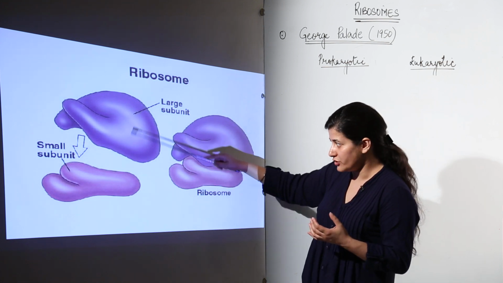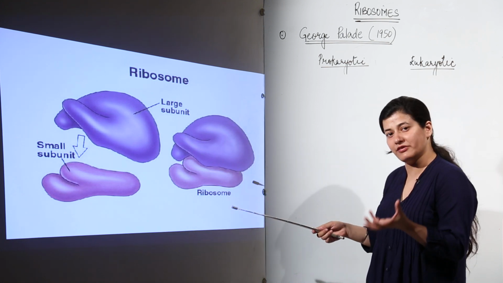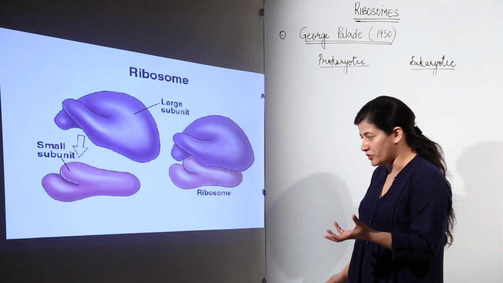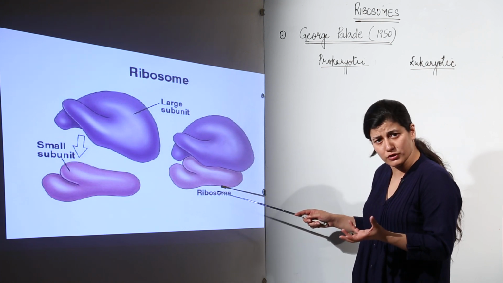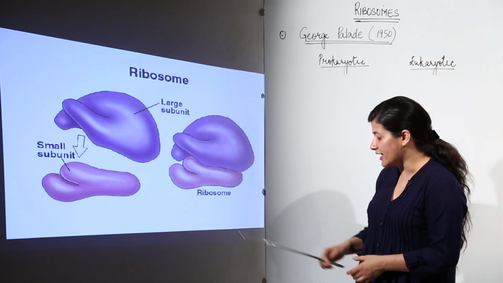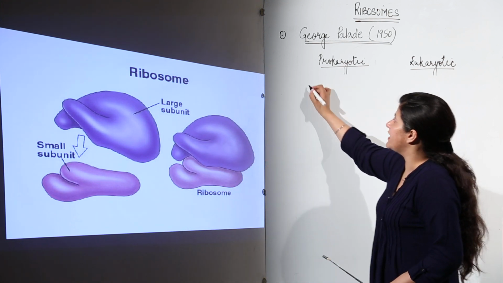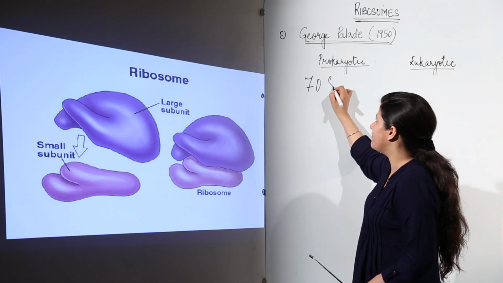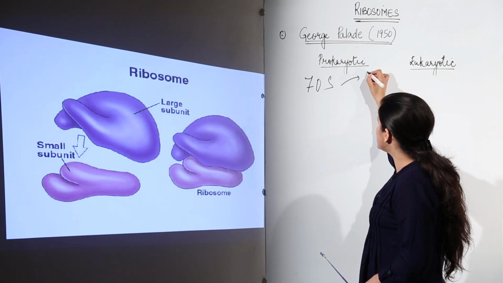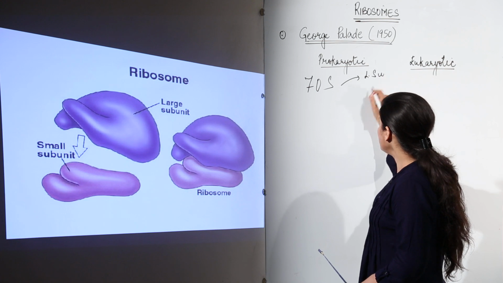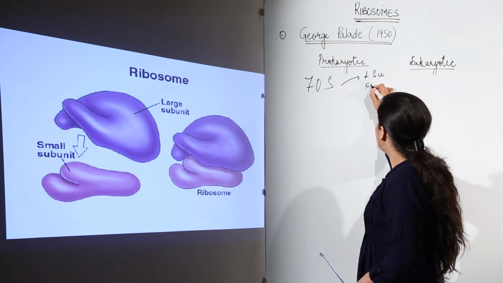As you can see, the two subunits are separate, but whenever they have messenger RNA in between, that is known as a ribosome. When both subunits come together, they come close to each other. Now in case of prokaryotic cells, we said that the ribosome is 70S and the large subunit is 50S.